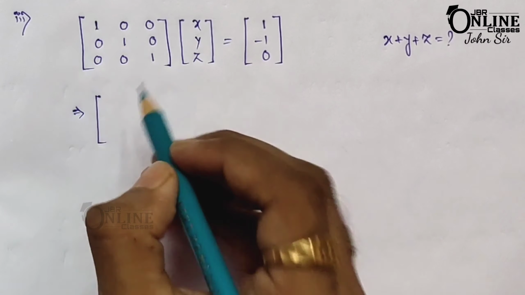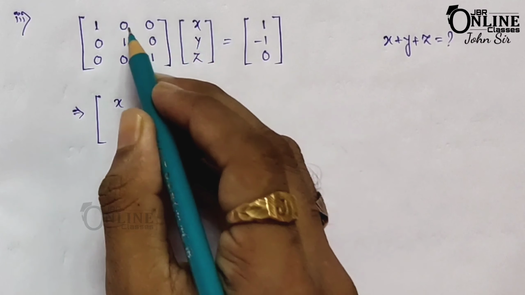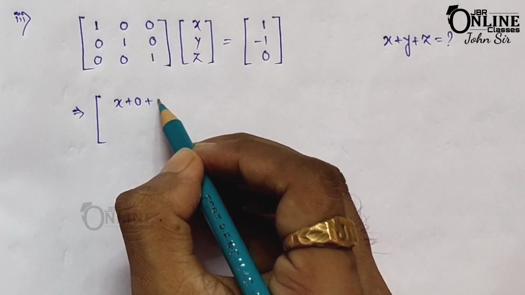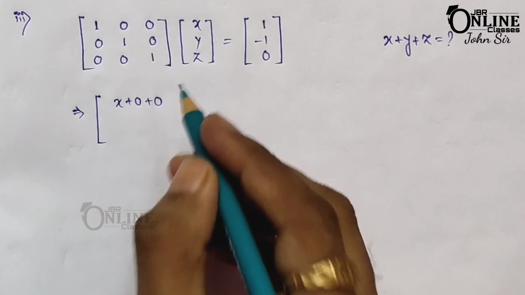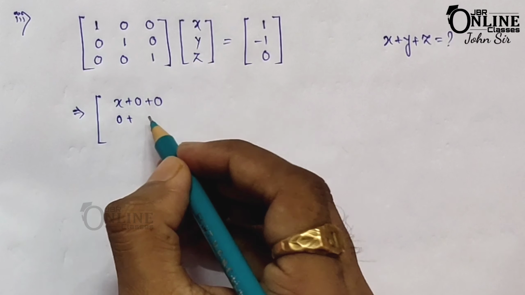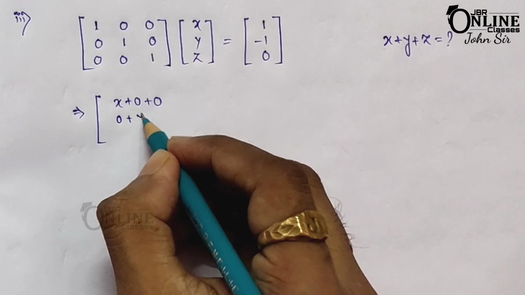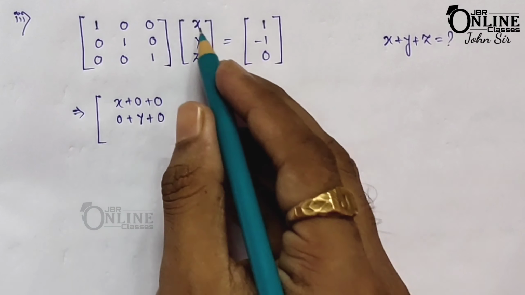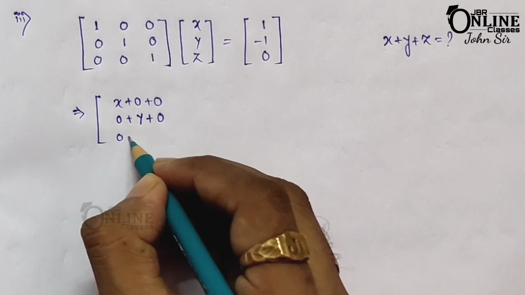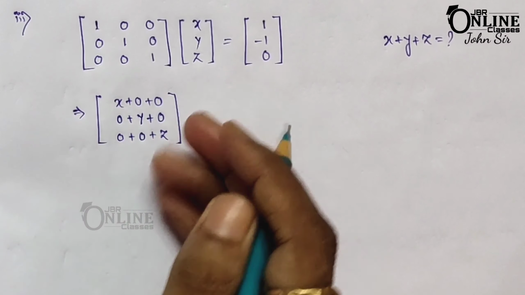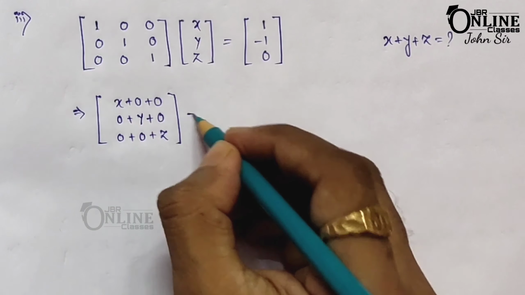So x into x, then y into 0, and then 0 into z, that equals 0. Now next one, here x into 0 plus y into 1, and then 0 into z, it becomes 0. Then x into 0, 0, 0 into y, 0, and the last one will be z. So that means there will be a column matrix.